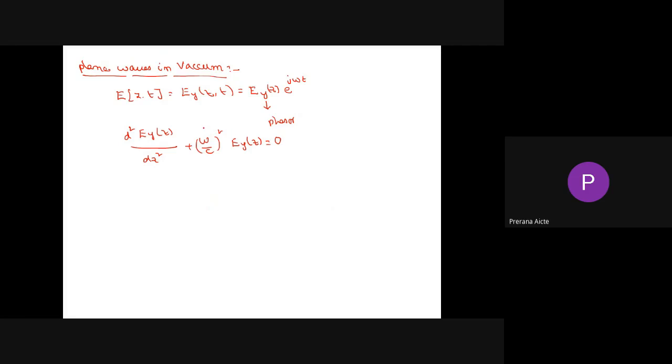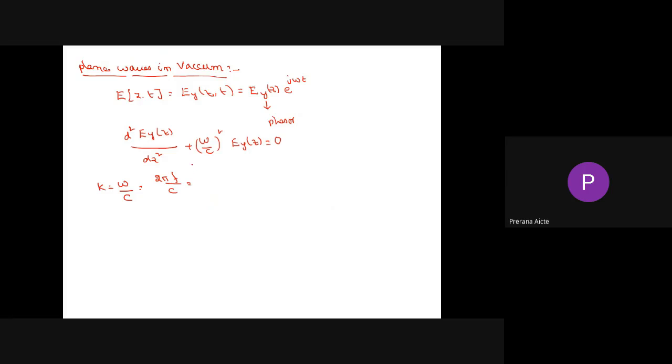Now, from this equation, the wave number can be found out. The wave number k is equal to omega by c, where omega is equal to 2 pi f.